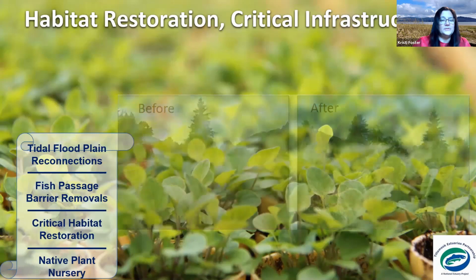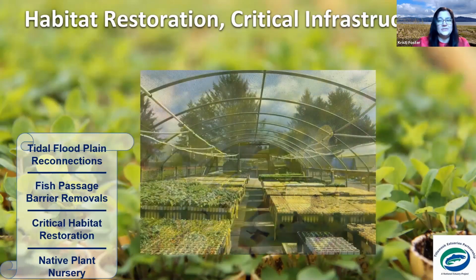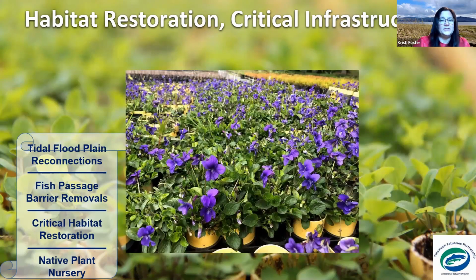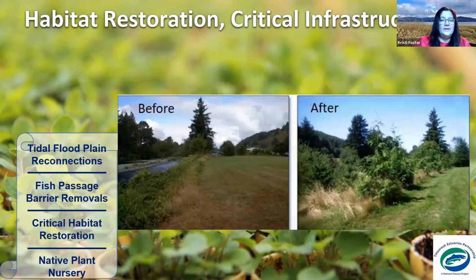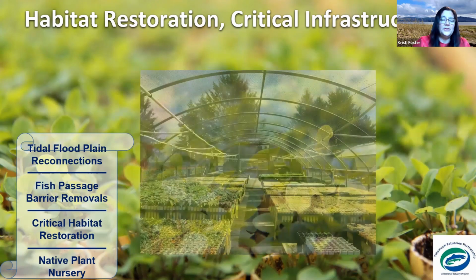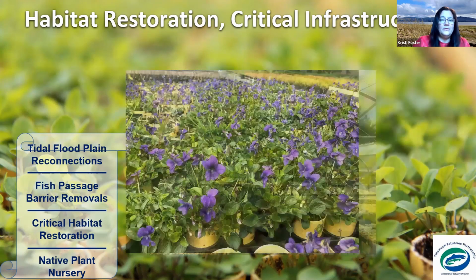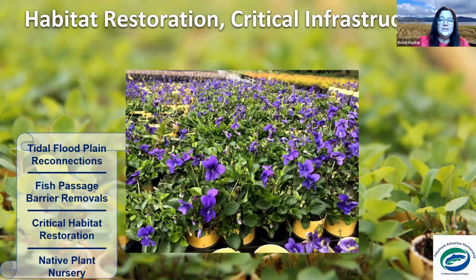And we also have a native plant nursery. For these various restoration projects that we work on, we have a native plant nursery that has over 100,000 plants that are coastally adapted and genetically appropriate for where we work.